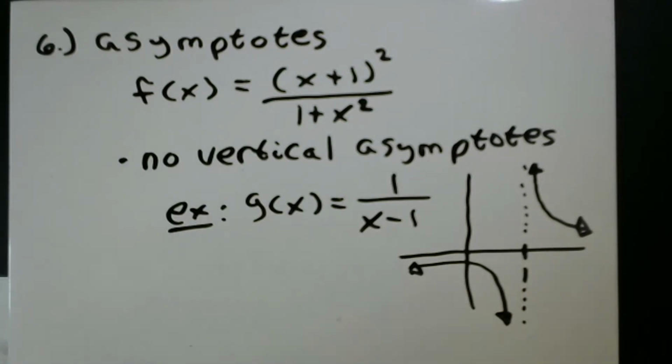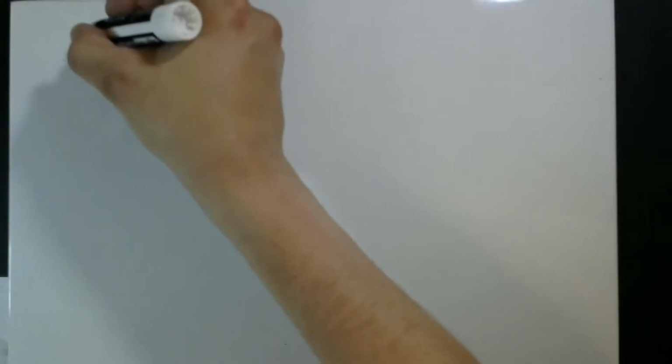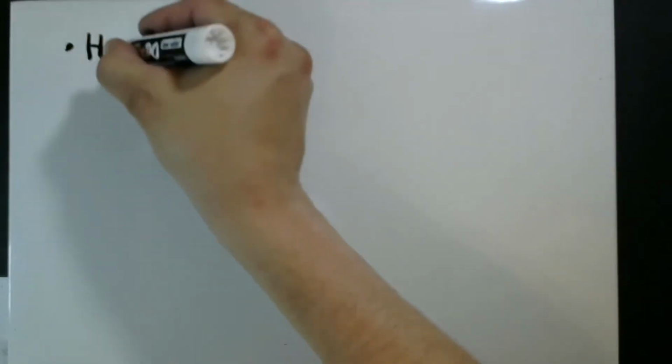Well, we can do those, and there's a couple ways we can do it. I'm going to go through both methods. It's kind of a review, but we'll do the algebra way and we'll do the calculus way. So this is for horizontal asymptotes. I'll abbreviate this as HA.